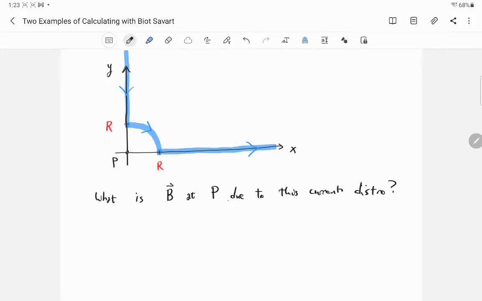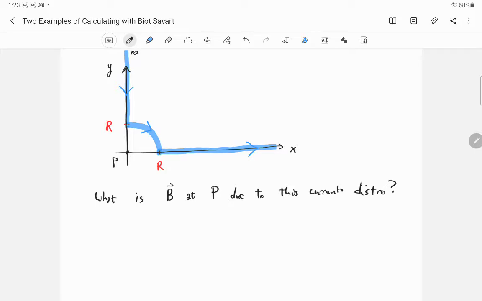And I want to know what is the magnetic field at this place due to a very strange current distribution. The current is coming down from the positive y-axis from way out at infinity, coming down and getting closer and closer until it gets within this radial distance, capital R, away from the origin.